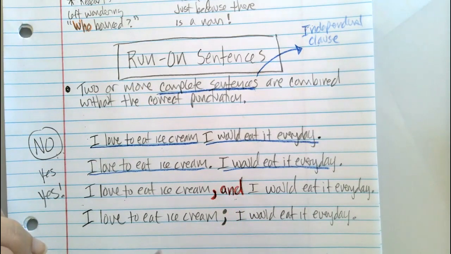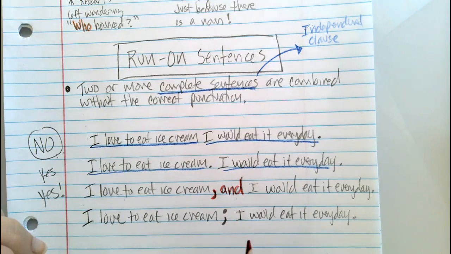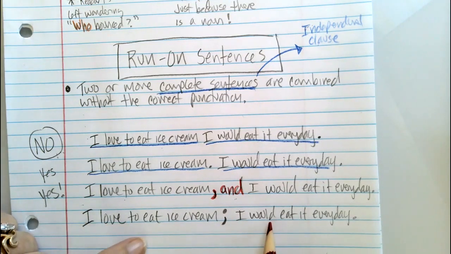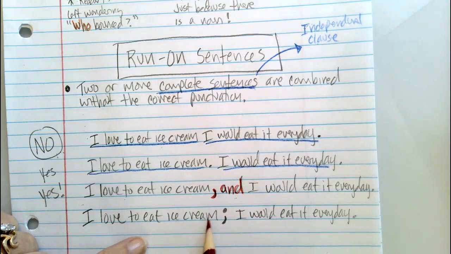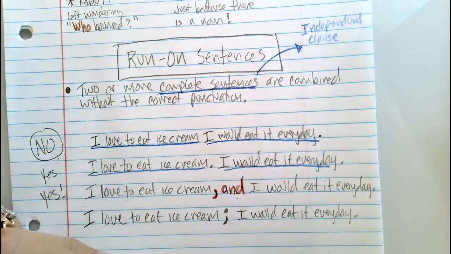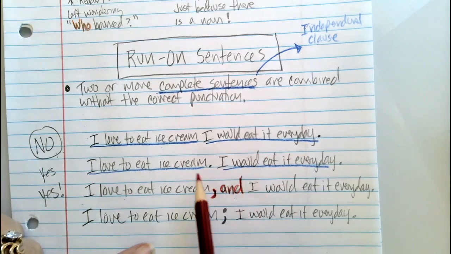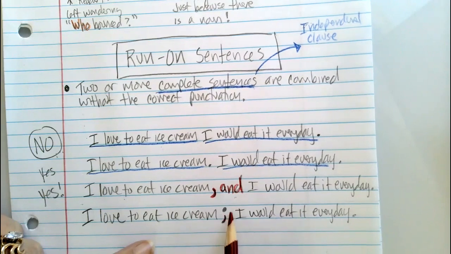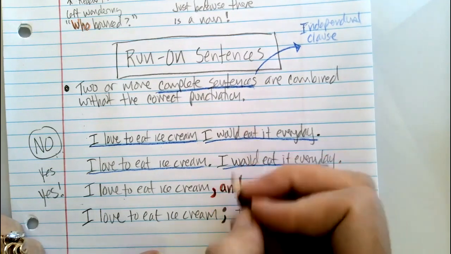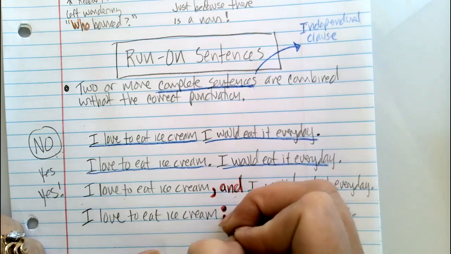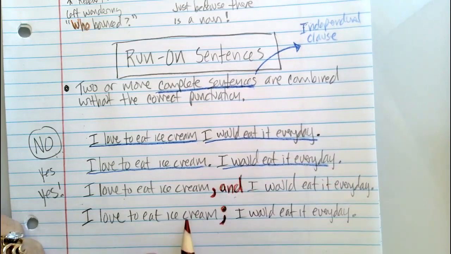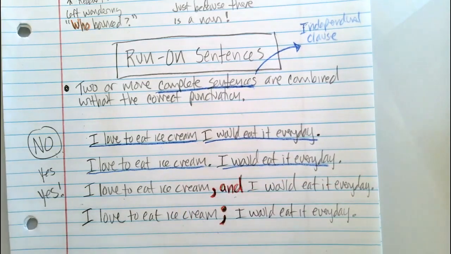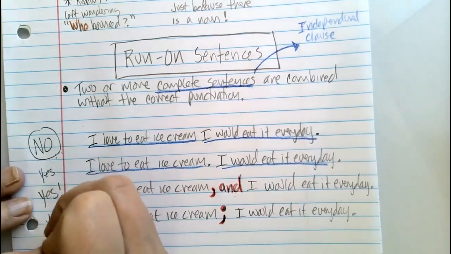No. You can only do that to make a compound sentence if what follows makes logical sense to go along with it. I love to eat ice cream. I would eat it every day. It sounds the same as this, but in our writing, it's visually a bit more mature. So this is simply another way to make a compound sentence. That's what both of these are. So these are both yeses.